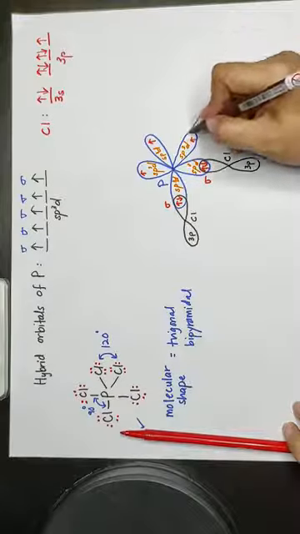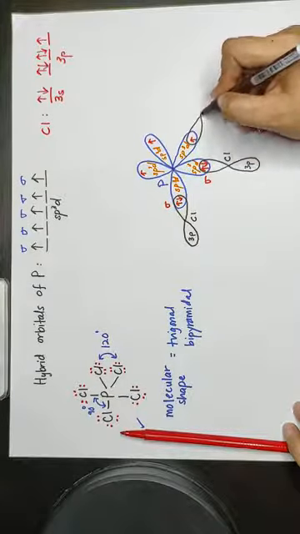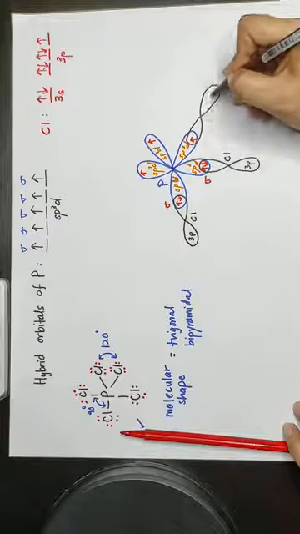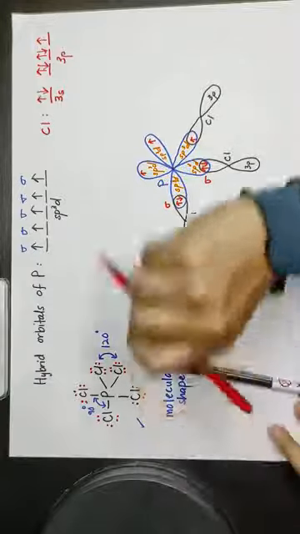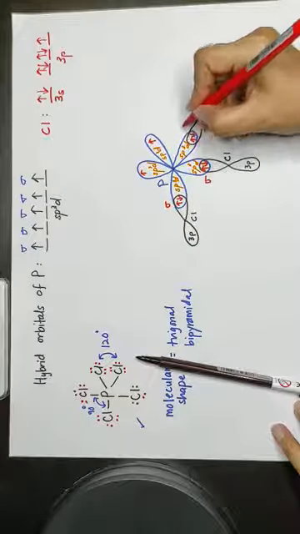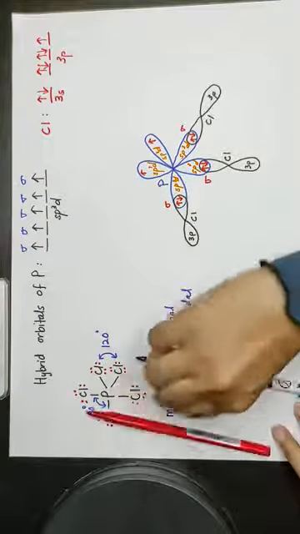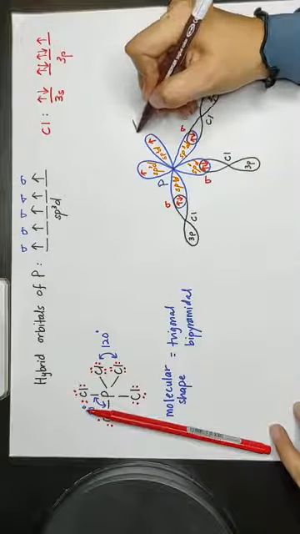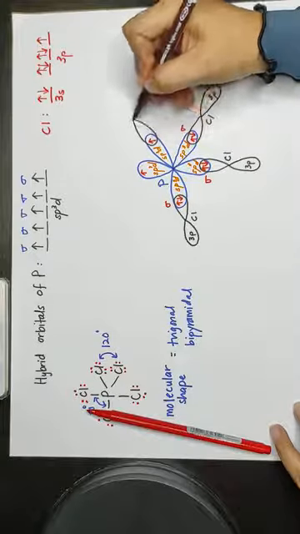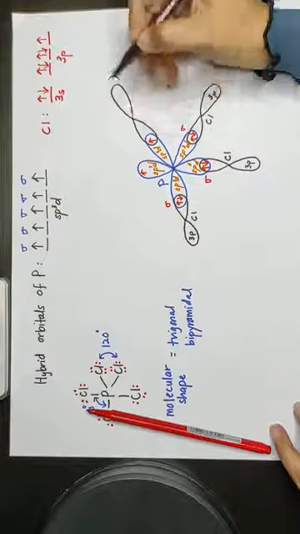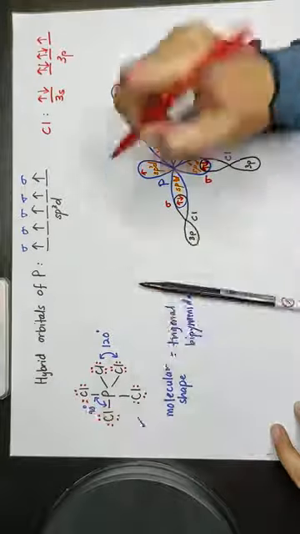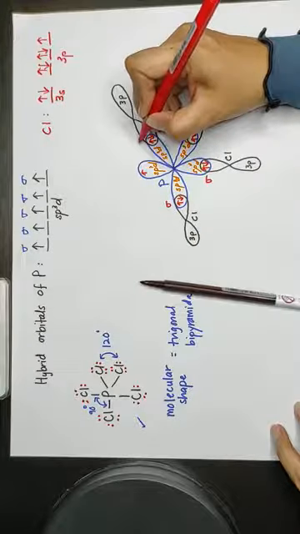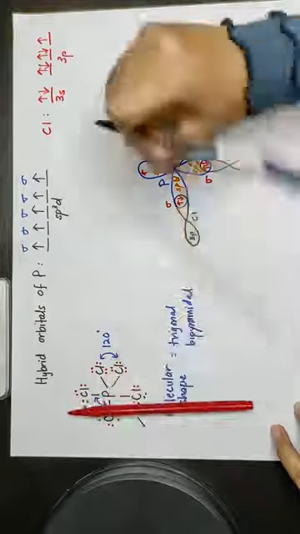Next. Chlorine 3p, shared electrons, sigma bonds. Chlorine, 3p, unpaired electron and sigma. And the last one.